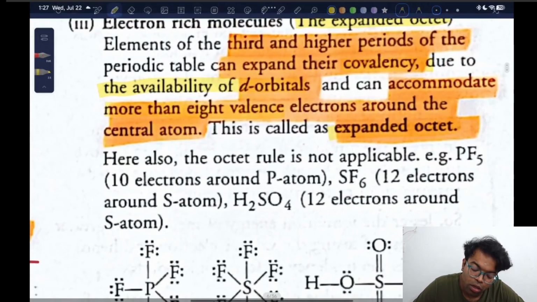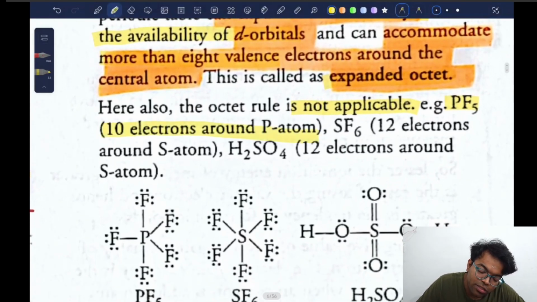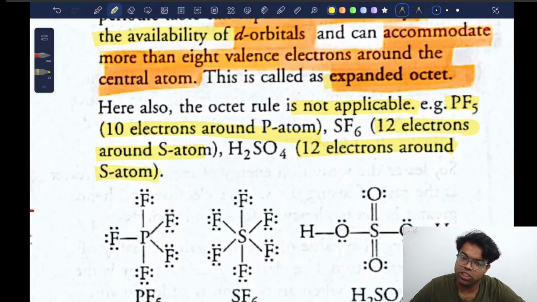Here also the octet rule is not applicable. For example, PF5 has 10 electrons around the phosphorus atom. Similarly, SF6 has 12 electrons around the sulfur atom. H2SO4 again has 12 electrons around the sulfur atom. So they are also stable molecules, but they are not following the octet rule.